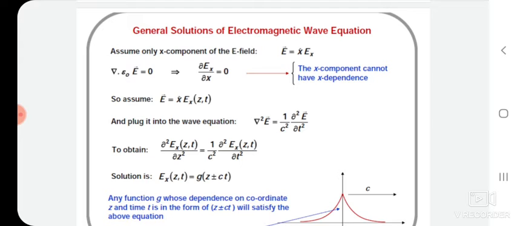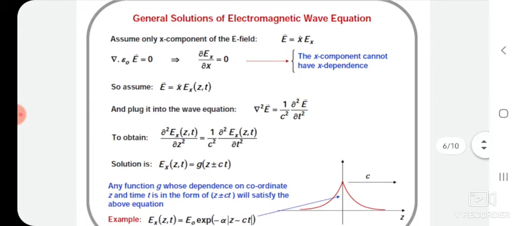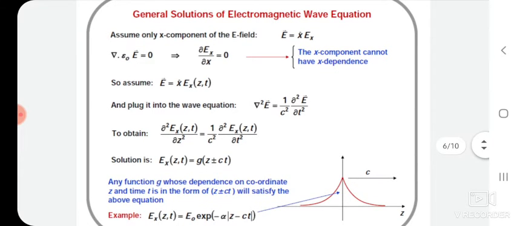Now we know the wave equation for electric field, del square E is equal to 1 by c square dou square E by dou t square. If we substitute the value of E, and we are talking about only one direction, it moves along the z direction, that's why dou square Ex(z,t) by dou z square is equal to 1 by c square dou square Ex(z,t) by dou t square.